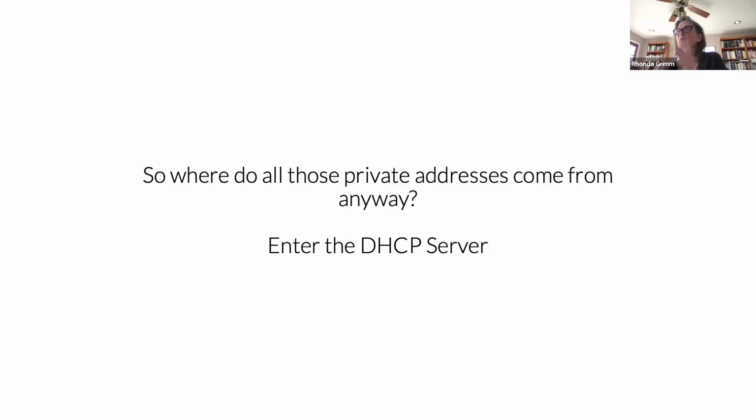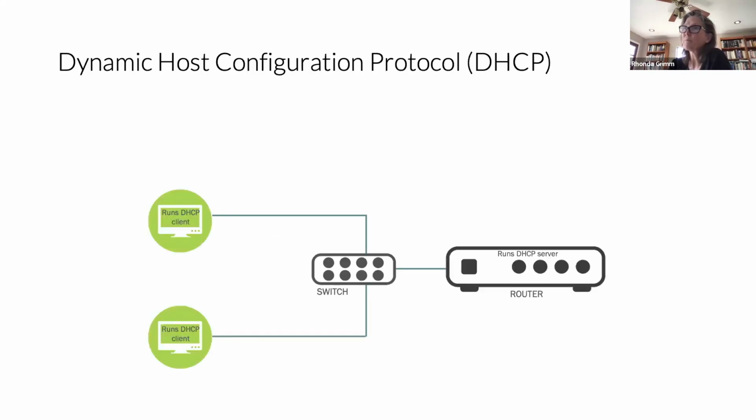So you've got this pool of private addresses. But where do the private addresses come from? Where does that pool of 192.168.1.50 come from? And that's where he comes in with the DHCP server. So this is pretty cool.